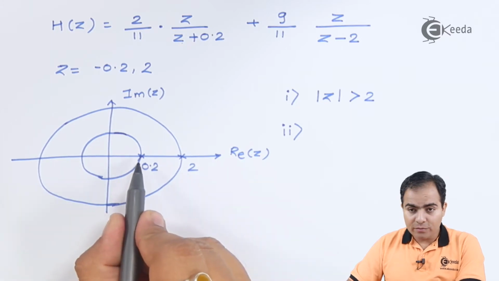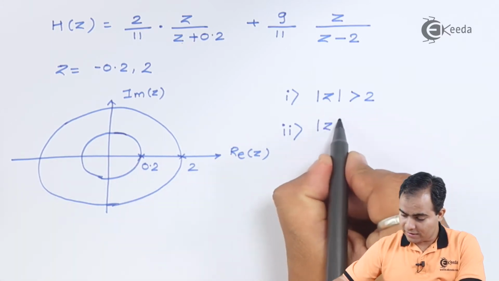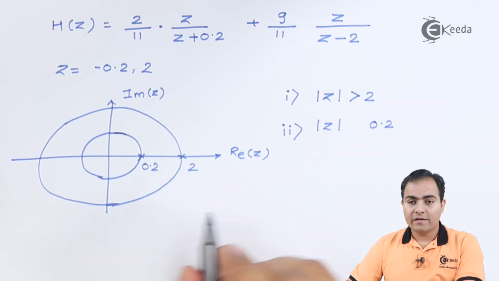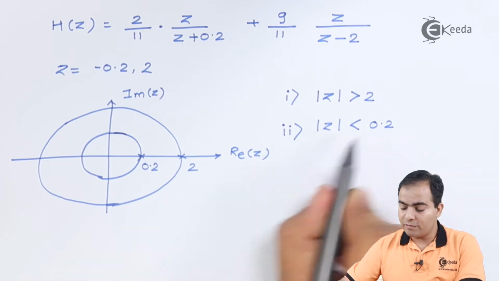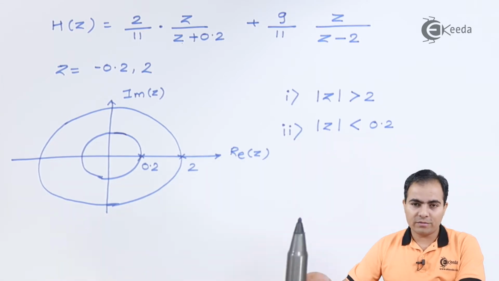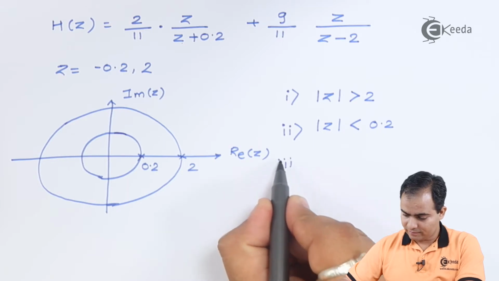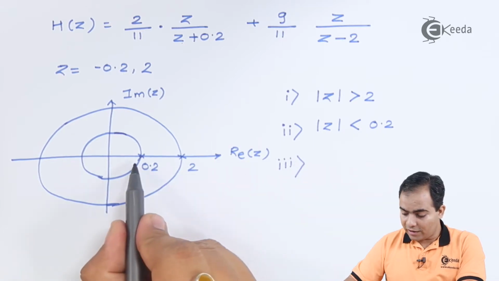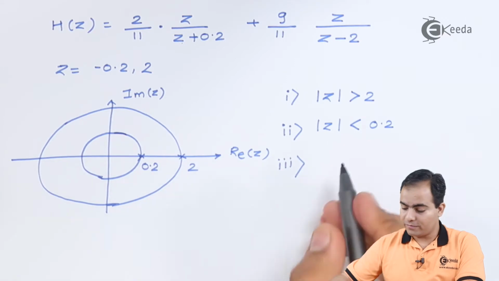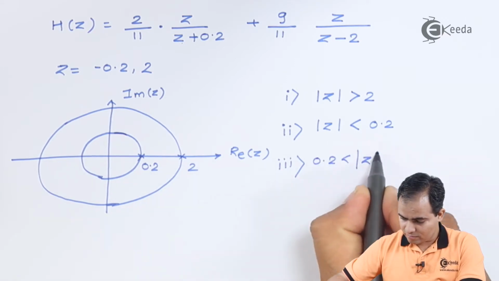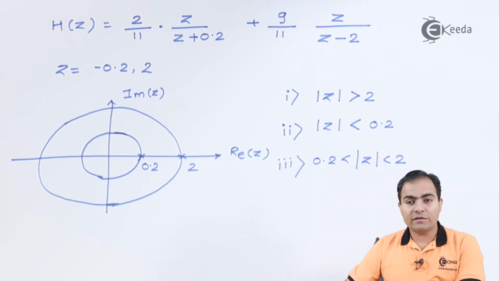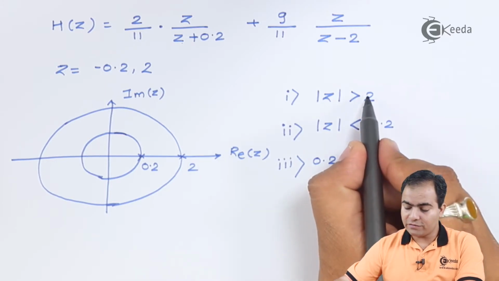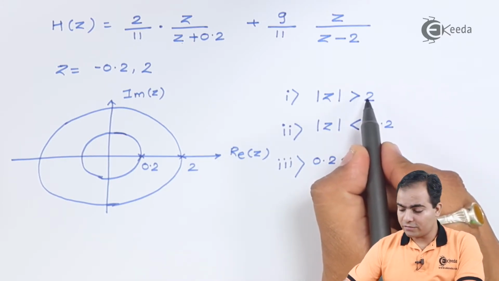If the ROC is less than the leftmost pole, that is 0.2, then this will produce a non-causal or anti-causal ROC. And the last one is two-sided. If the ROC exists between 0.2 and 2, that is, if our mod z lies between 0.2 and 2, then this gives us a two-sided ROC.